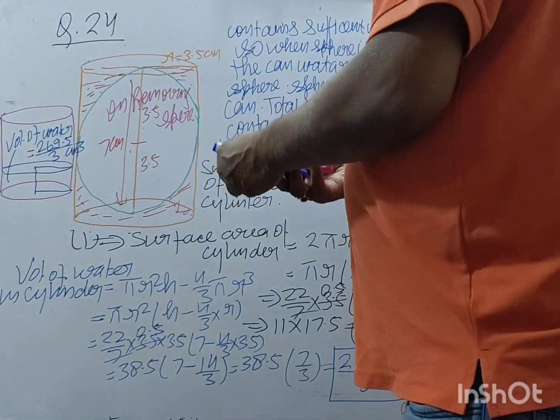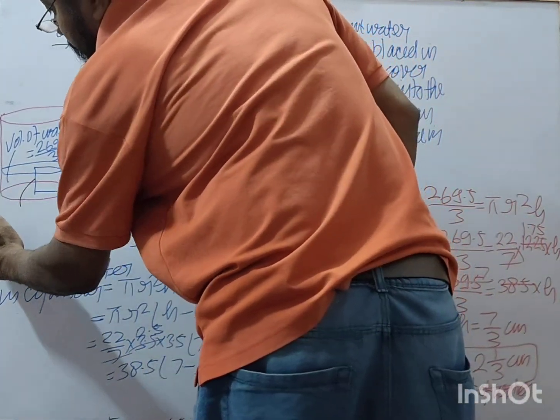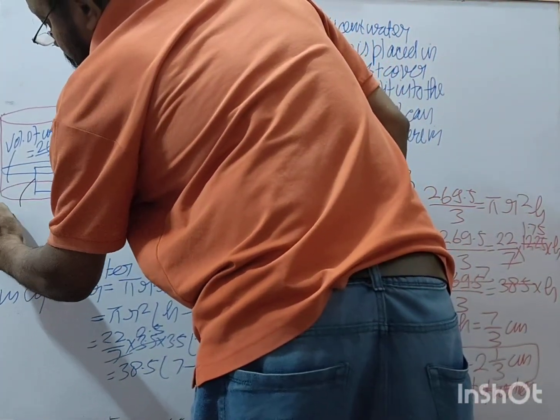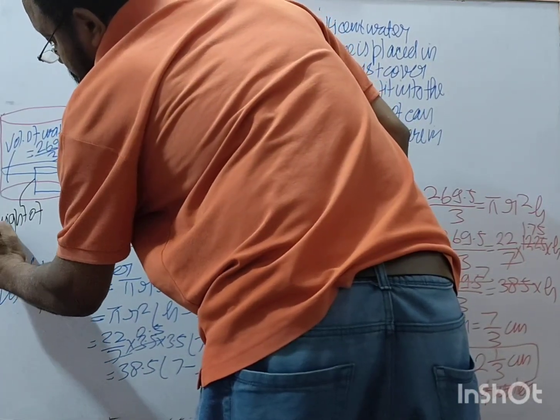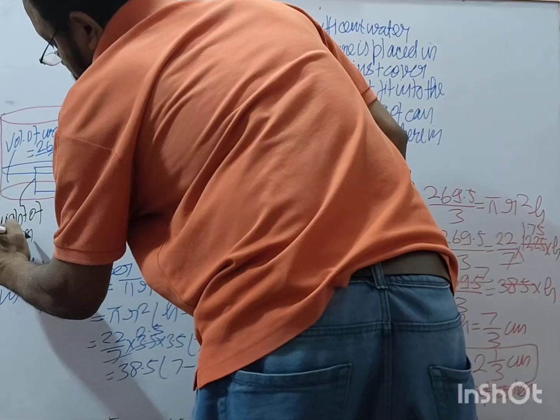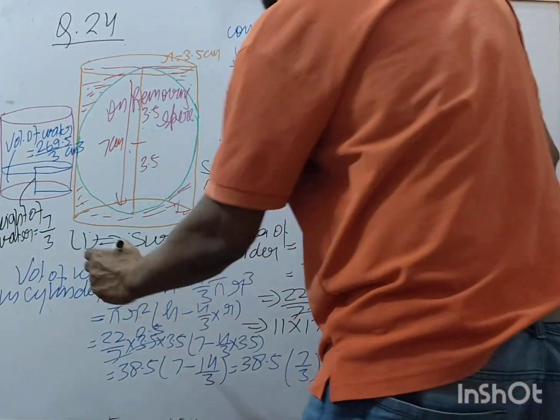Now we have the height. So the height of water is equal to 7 by 3 centimeter.